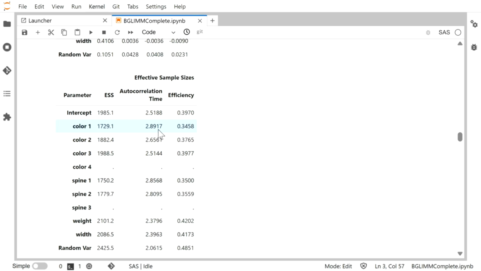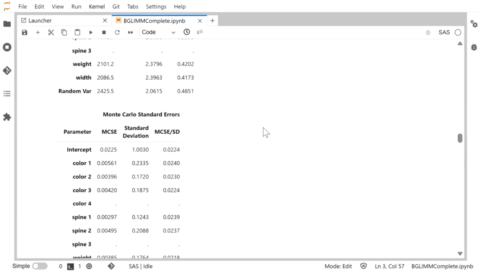But that is how you can tell if the mixing between your prior and your data is working well in that particular idea. If something's going on here, you might want to make the chain a little bit longer and thin it a little bit. And by the way, efficiency is nothing more than 1 over autocorrelation time.